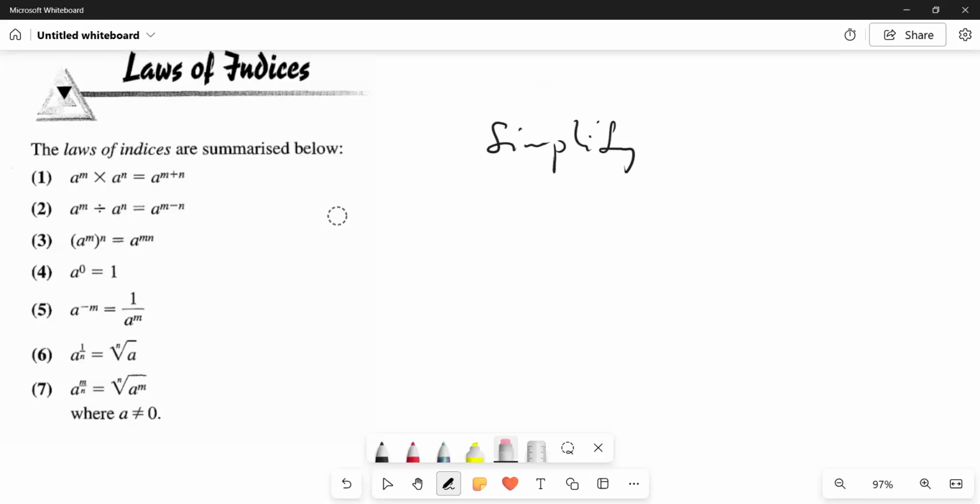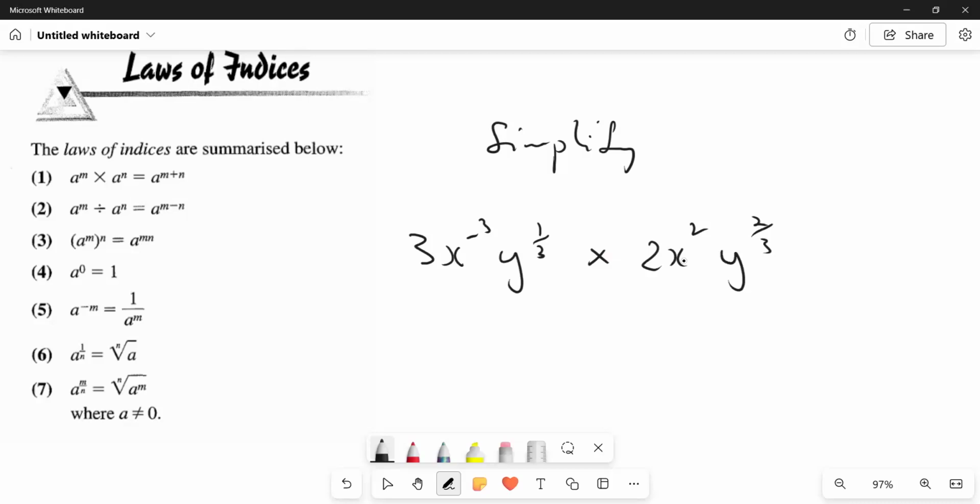Let's take another one. 3x to the minus 1/3, y to the 1/3, times 2x squared, y to the 2/3, right?